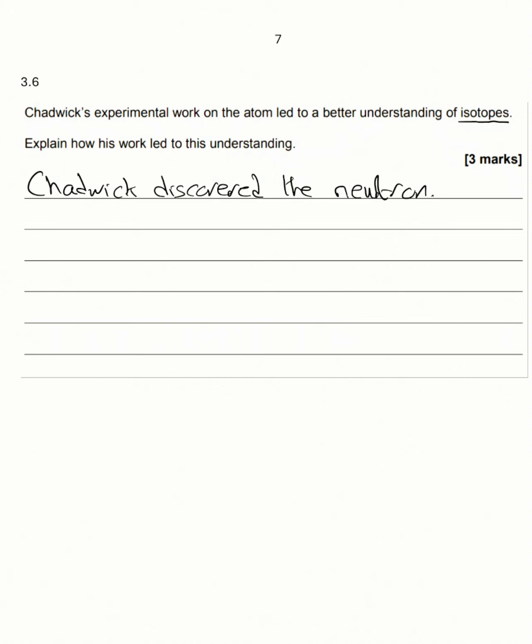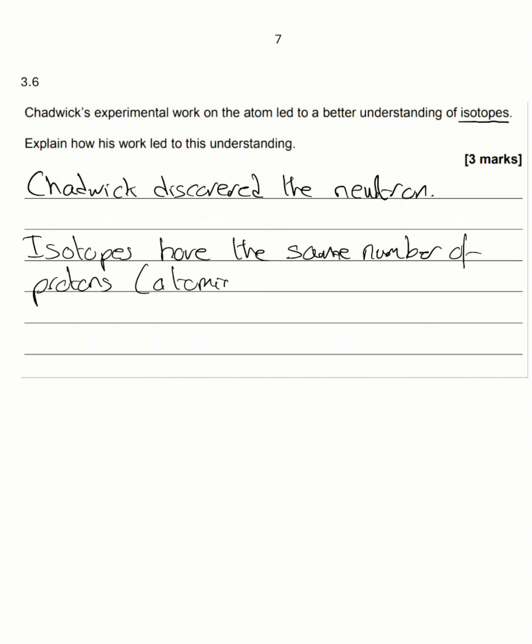What are isotopes? Isotopes have the same number of protons. So you could say atomic number.